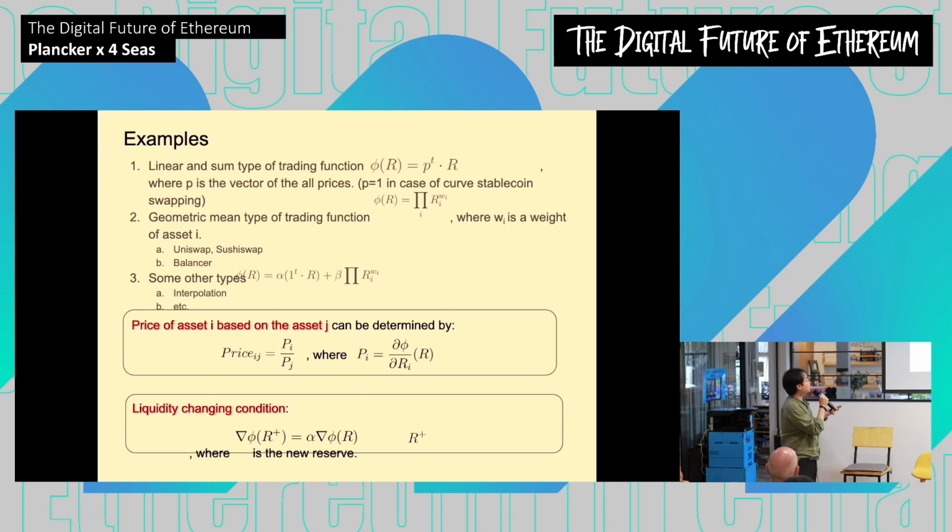So this part is of concern to the liquidity provider. Okay, so R plus here is the new reserve. You can put in the asset as long as this equation holds.